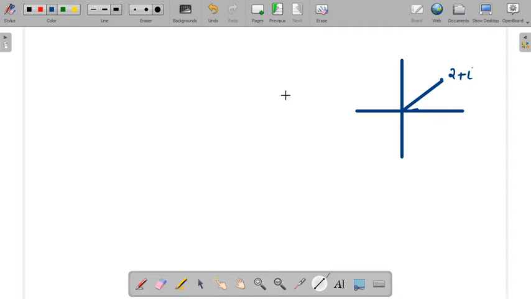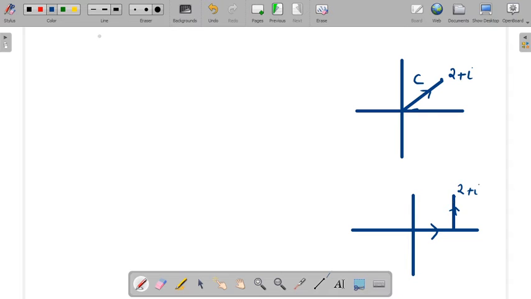And in the second case, our path is the path from 0 to 2, then to 2 plus I. So we have in the first case this as our C. In the second case we are moving from 0 to 2 plus I again, but along this path.